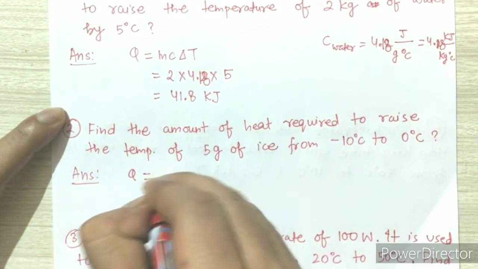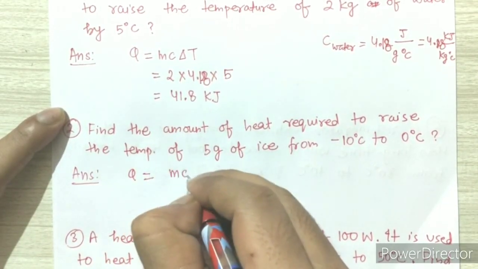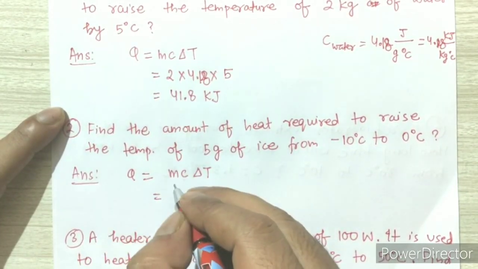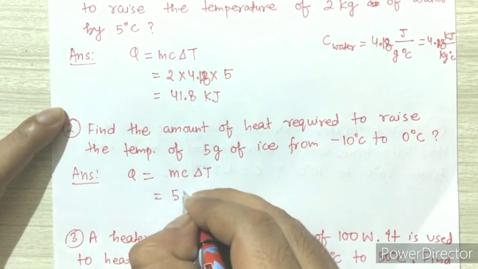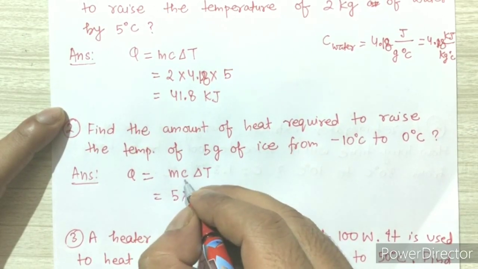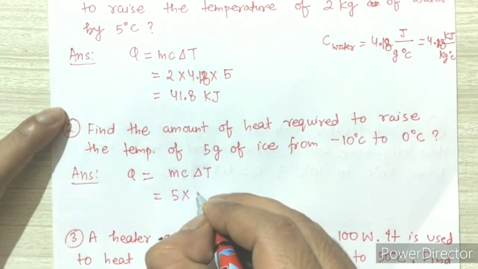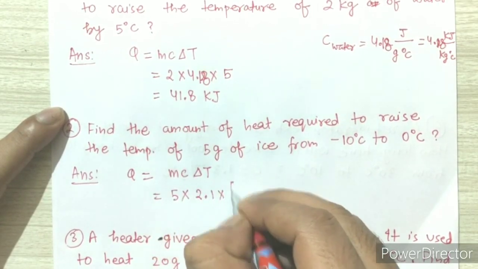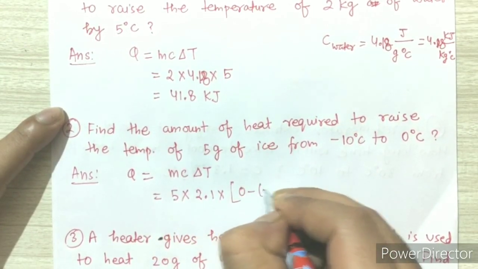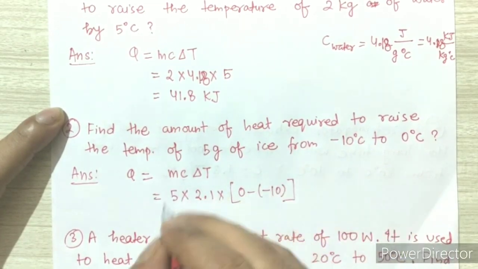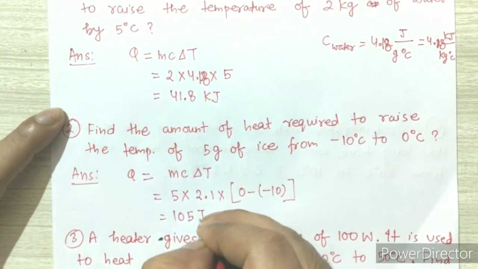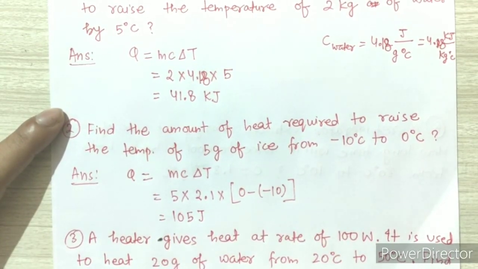As we know, Q equal to mc into delta T. Mass of ice given is 5 gram, and specific heat capacity of ice is 2.1. Delta T is 0 minus minus 10. If we simplify this, it will become 105 joule. So this is the answer for question number 2.